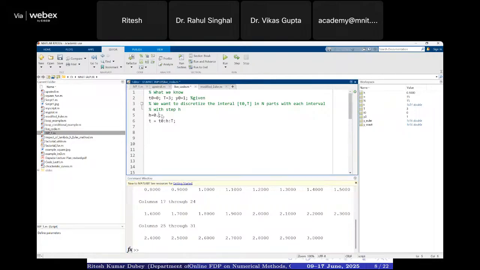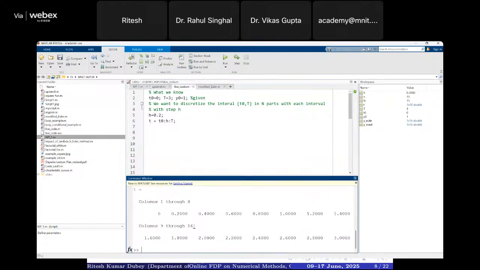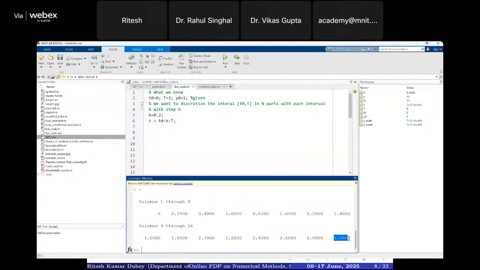If I take h equal to 0.2, I think that will be much better, and if I run the code, I will get a total of 16 values in t. So my interval from 0 to 3 is discretized with these grid points, and the values at these discrete points are stored in the vector t. At time t equal to 0, we know the solution, and we want to find out the solution at time t equal to 3.